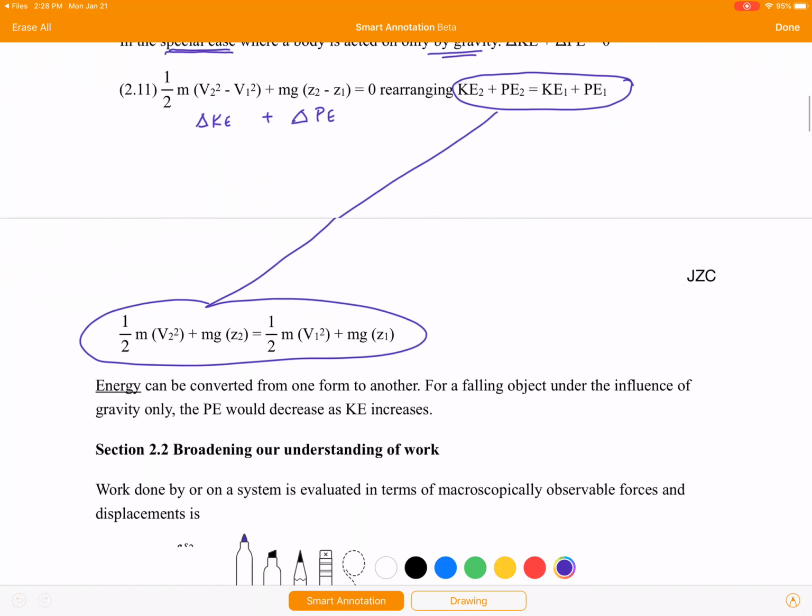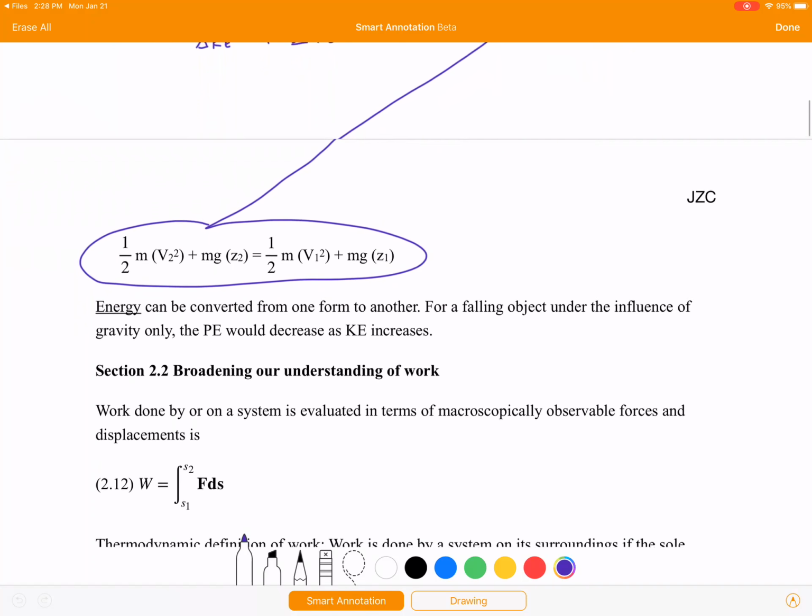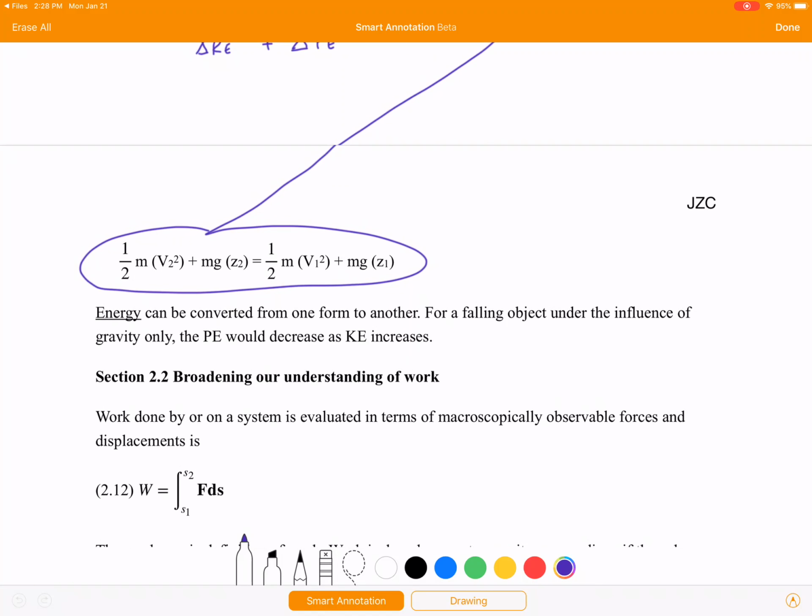Energy can be converted from one form to another. For a falling object under the influence of gravity, the potential energy decreases as kinetic energy increases. So if we have a ball and I'm just holding it up here in the sky, my datum is down here. This is the datum, we'll say this is 0.